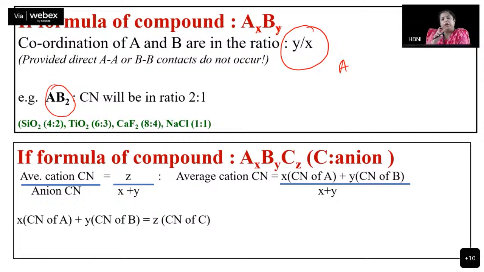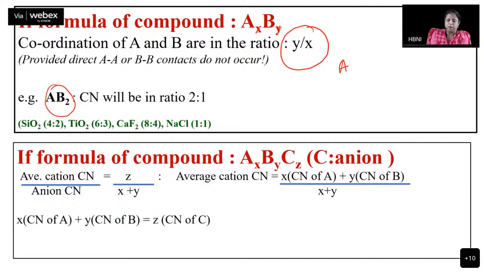So the ratio of the coordination numbers is 2:1. Okay, 8:4, that is 2:1. Similarly, in NaCl, x and y are 1:1. The coordination numbers of both Na and Cl are 6 and 6. They are in the ratio y by x, that is 1:1.